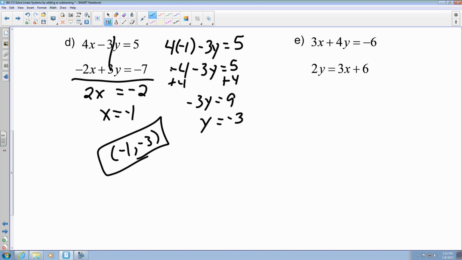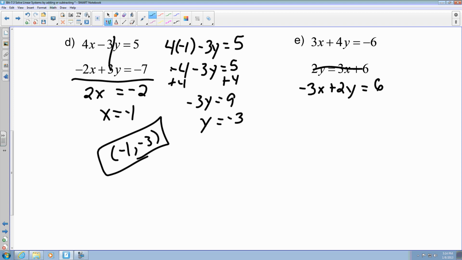Last example. My first system, 3x plus 4y equals negative 6. That's the standard form. The second one is not. I need to get that 3x on the left-hand side. So I'm going to subtract both sides by 3x, which then gives me negative 3x plus 2y equals 6, which makes it in standard form.